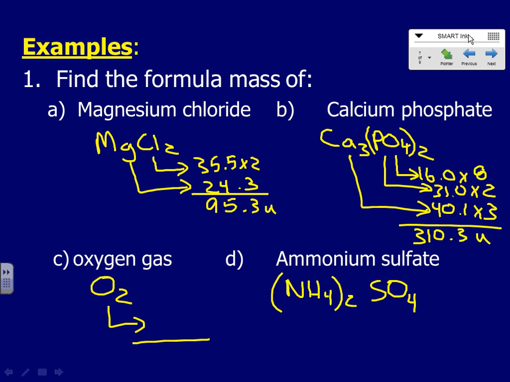Oh, 15.0? I'm hoping it rounds to 16.0. 16.0 times 2, 32. And you know what? I don't want to see all the numbers. What do we have for an answer? What do you got, Dallas? 132.1. Do we like that? We got support on that?